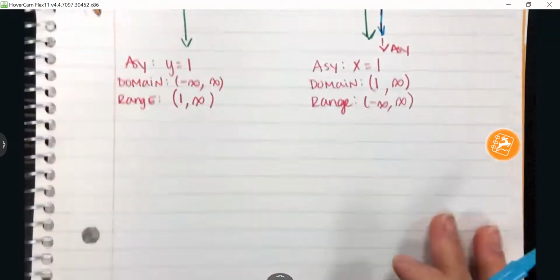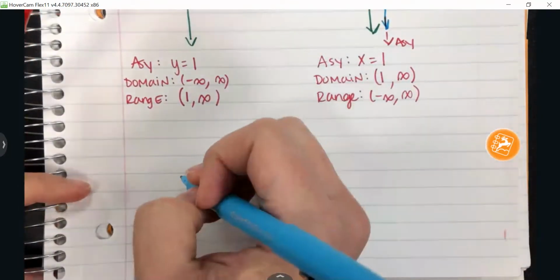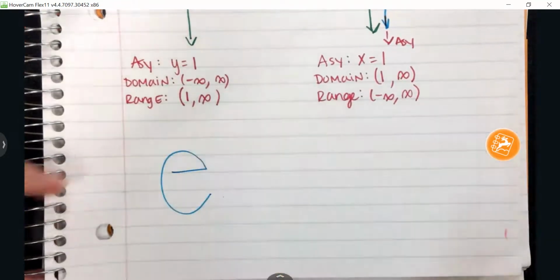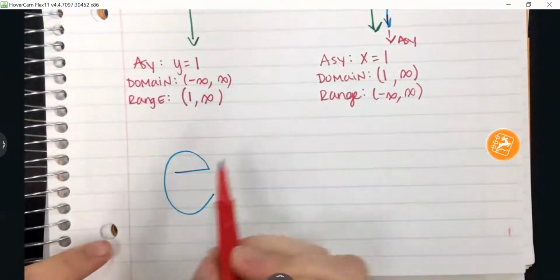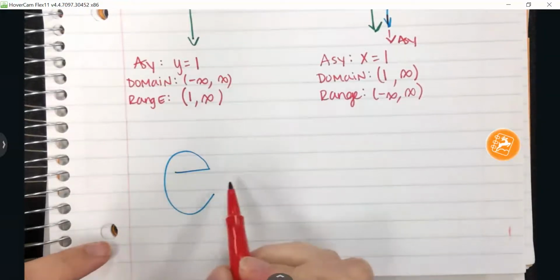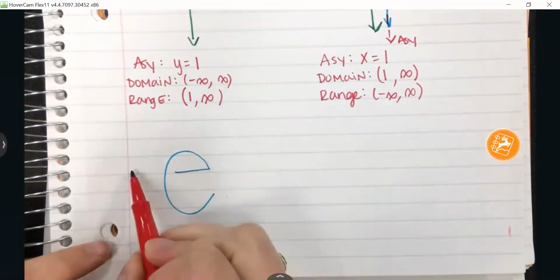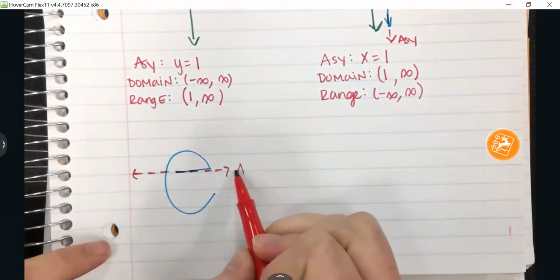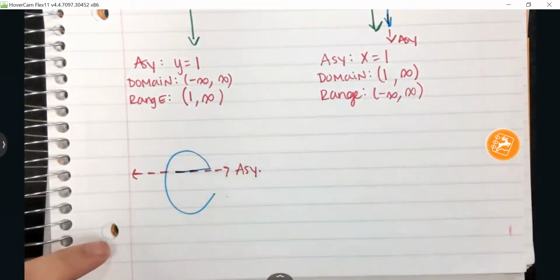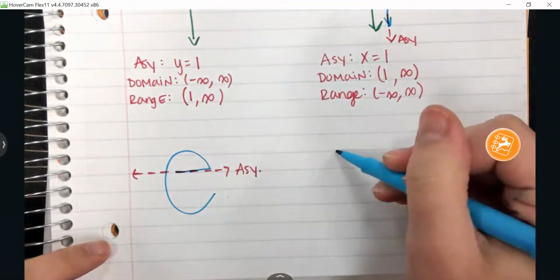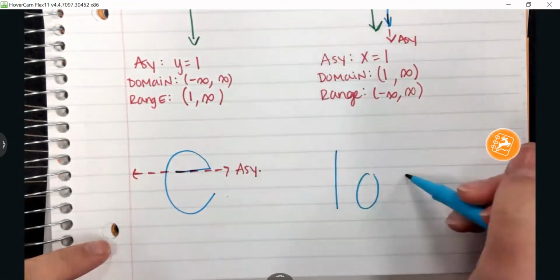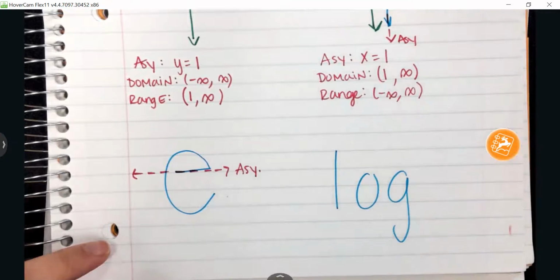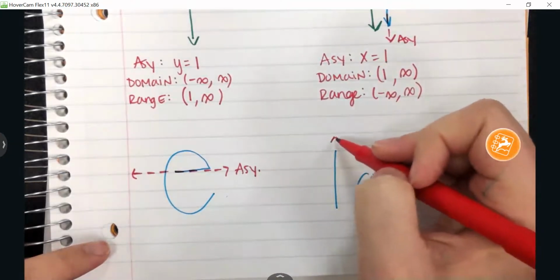I'll give you a little brief notes right here. If I make a lowercase e, like exponential, this line that you drew first, the only straight line, goes left to right, which is your asymptote. And if I write the word log, do you see the straight L?